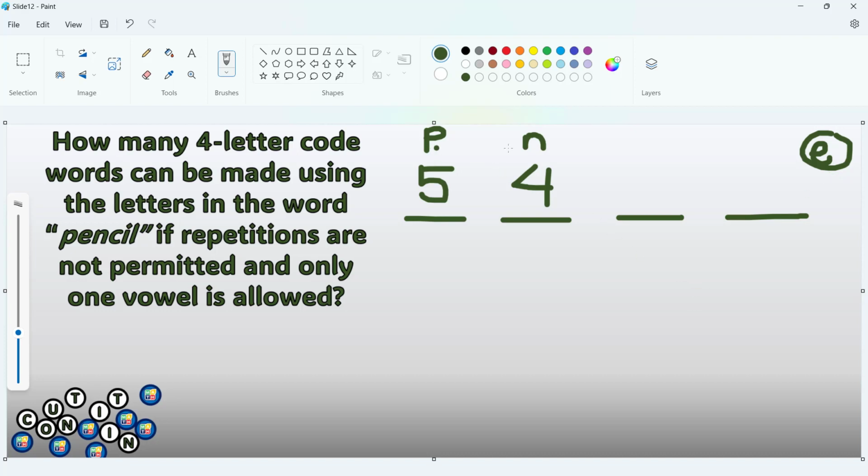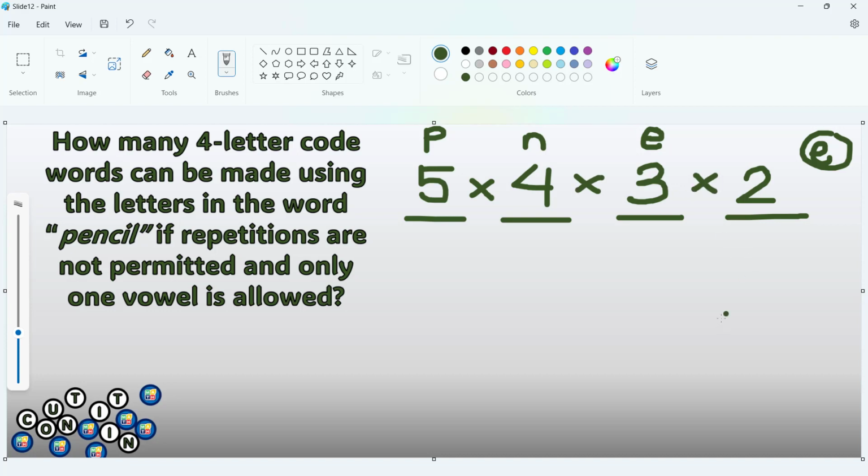Now, if you use P and N, we have only 3 possibilities for the next. And if you use here letter C, say for example, we are left with either E, or let's just say if you use E here, the remaining possibilities would be L and C. Now, there are 2 possibilities for this. The fundamental counting principle allows us to multiply all the placements.